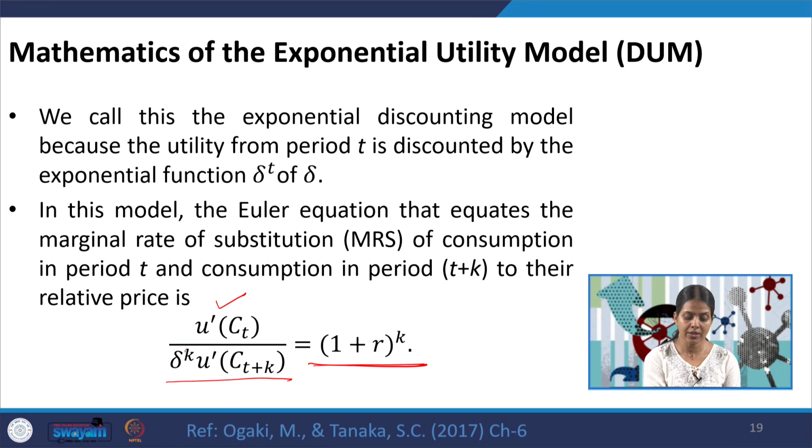Now, we have delta raised to the power k because we are comparing the marginal rate of substitution between period t and period t plus k. So, in the previous case k was equal to 1. Now, we are generalizing it to any value of k, as a result of which we have u prime c t over delta raised to the power k u prime c t plus k, and this is equal to 1 plus r raised to the power k.